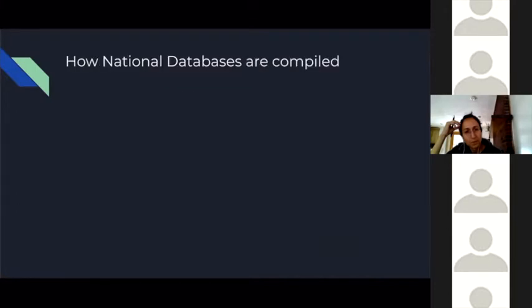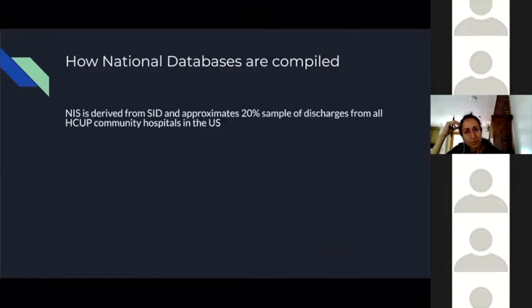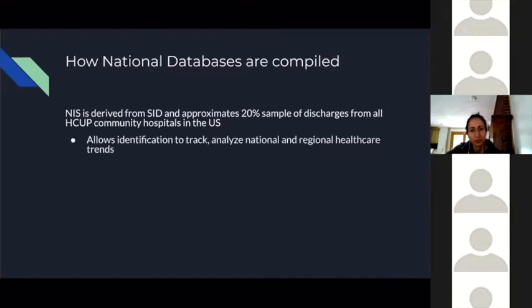Okay. So how are national databases compiled? I'm going to use the NIS and the SID, for example. Those are the counterparts, nationwide and statewide. The NIS is derived from the SID, and what it does is take an approximately 20% sample of all discharges from HCUP community hospitals across the United States. So for all 49 participating states, it does a stratified 20% sampling of each.